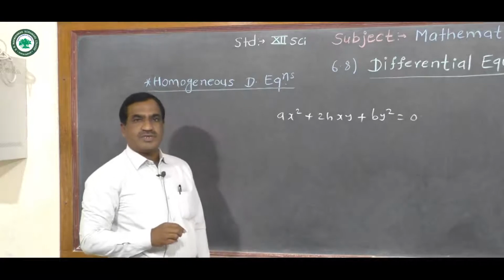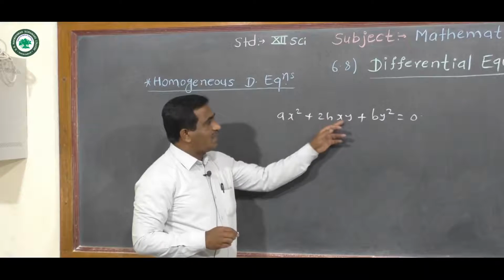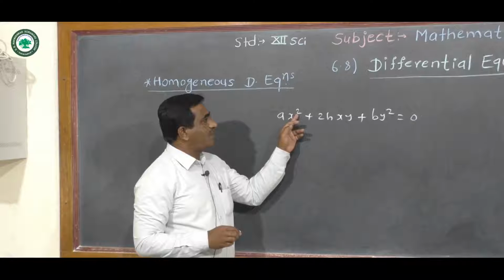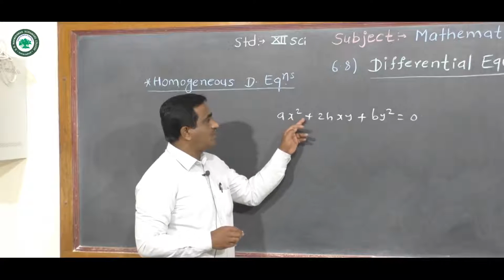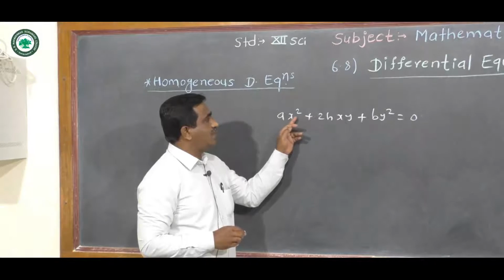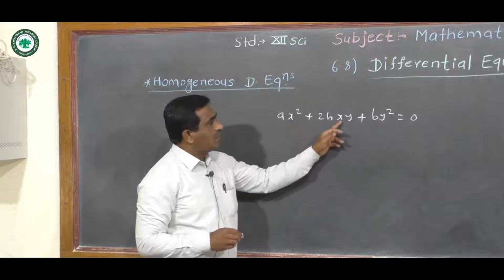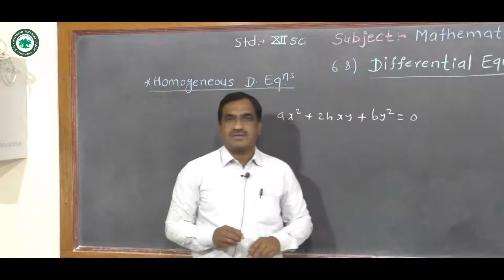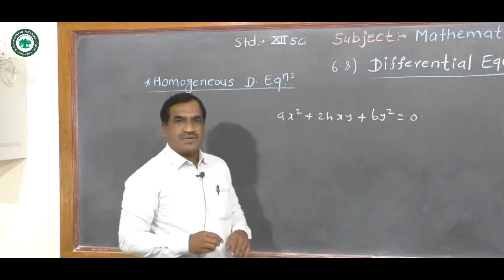This is a homogeneous equation. In this equation, variables are x and y. Here the index of x is 2 and the index of y is 0. That is, the sum of the indices of variables x and y is 2. Here also the sum of the indices of x and y is 2, and here also the sum of the indices of x and y is 2. Therefore this is a homogeneous equation.